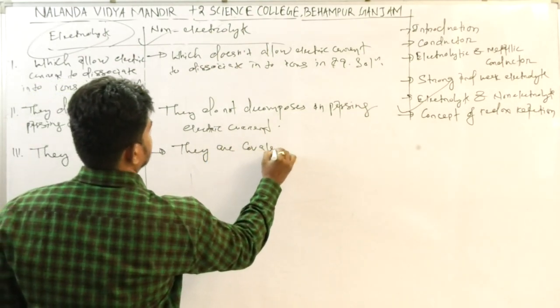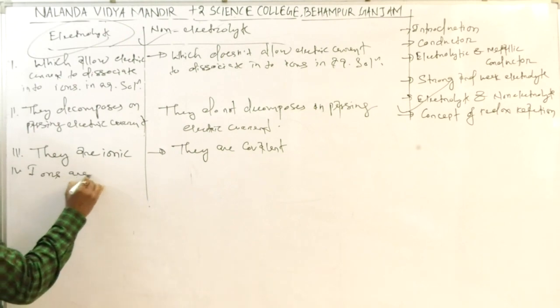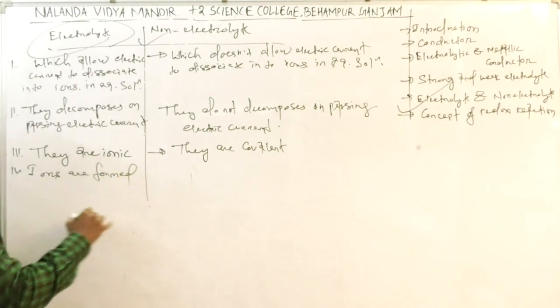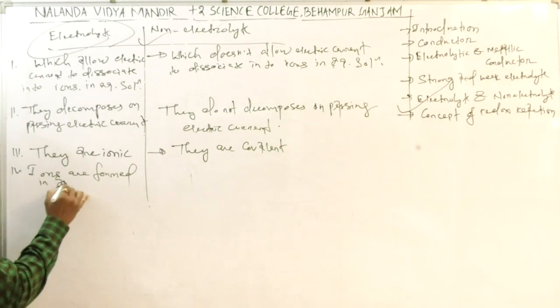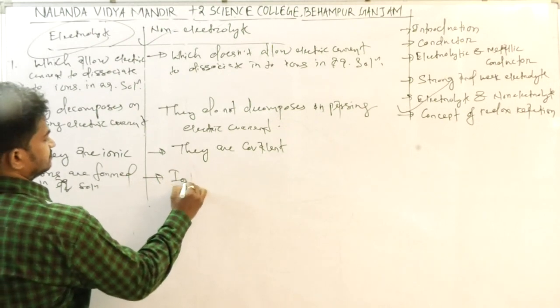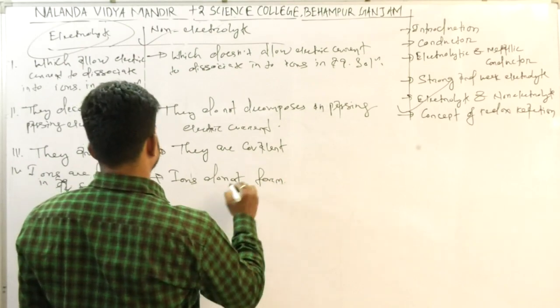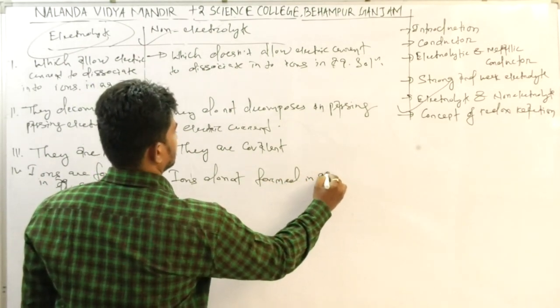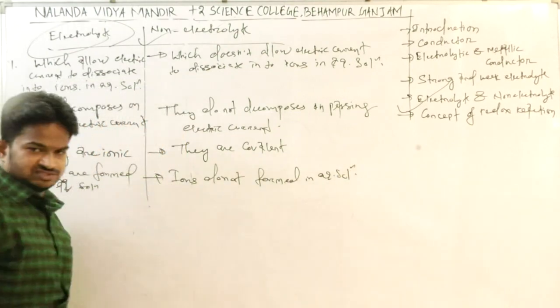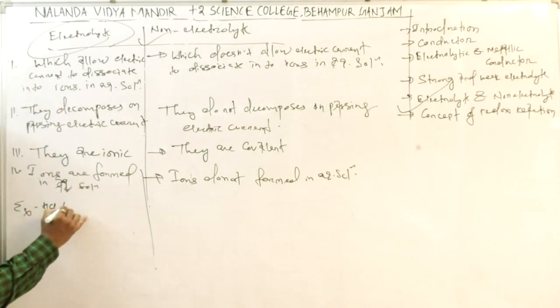Ions are formed in aqueous solutions for electrolytes, while in non-electrolytes, ions do not form in aqueous solutions.